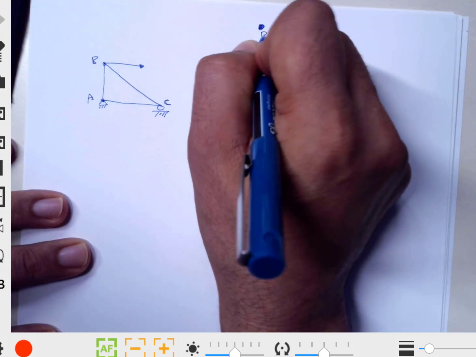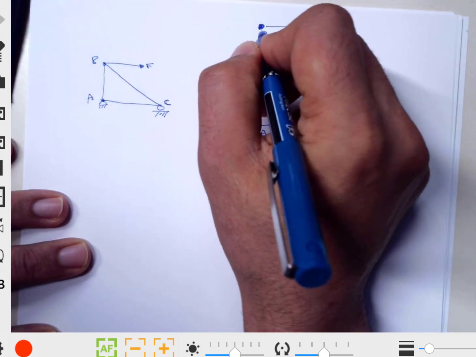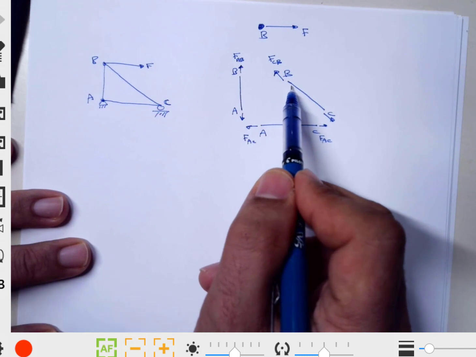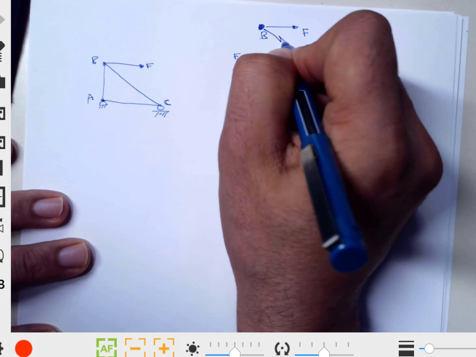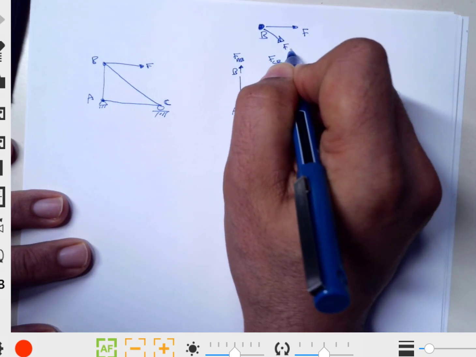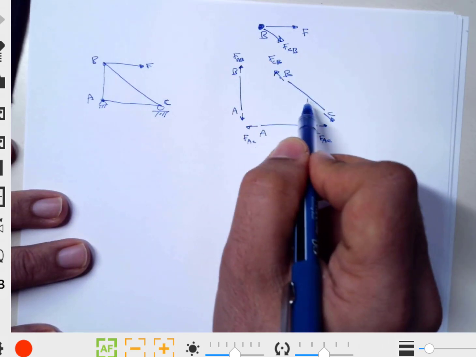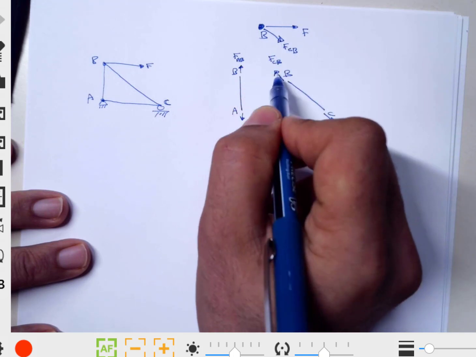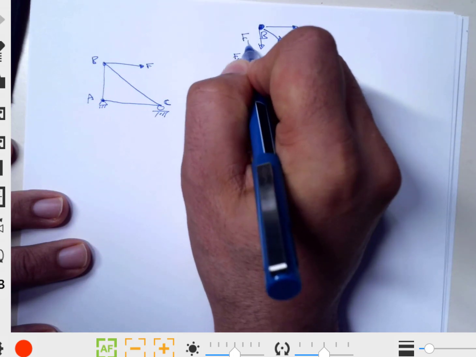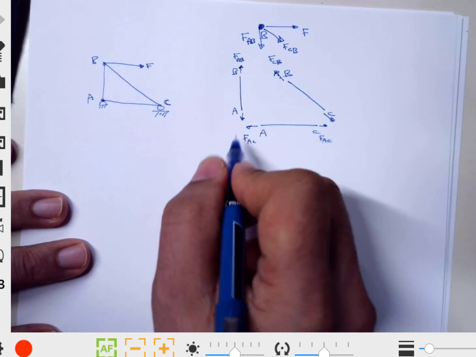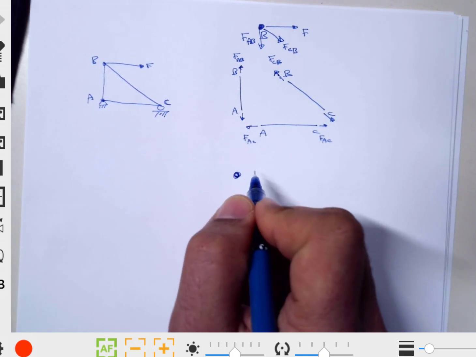At joint B, we have an external force called F, and we also have forces coming from the beams, equal in magnitude and opposite in direction. So this is going to be FCB. It's important to follow the same assumption. We all assume tension here, so the force here is equal and opposite, same as in here, FAB, right?